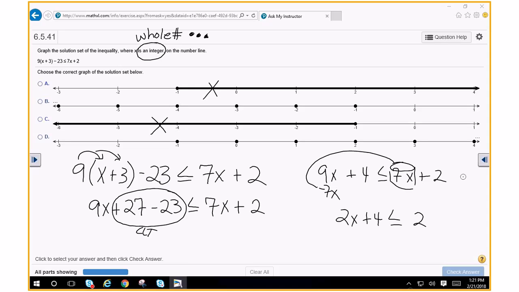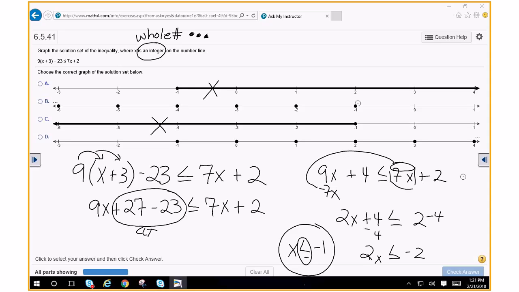So minus the 4. Cough one more time, I'll throw you out. 2x less than or equal to negative 2. And x is less than what? What's negative 2 divided by 2? So put a closed circle, because this means a closed circle, on negative 1. So where's negative 1?